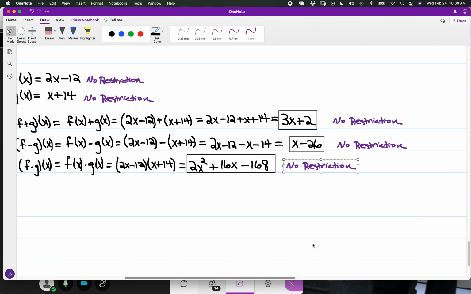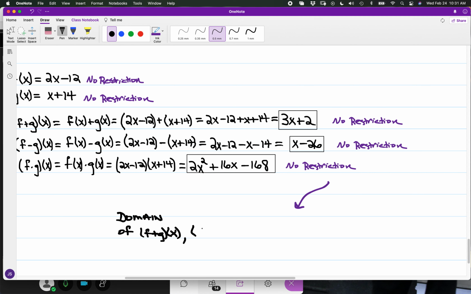As long as there is no restriction, this is going to mean that for the domain of the sum, difference, and product functions, each of these is just going to be the set of all real numbers.